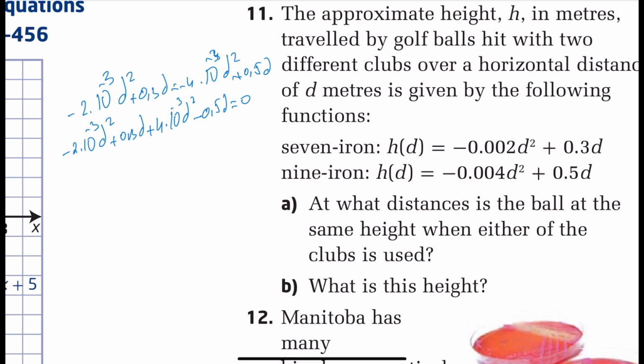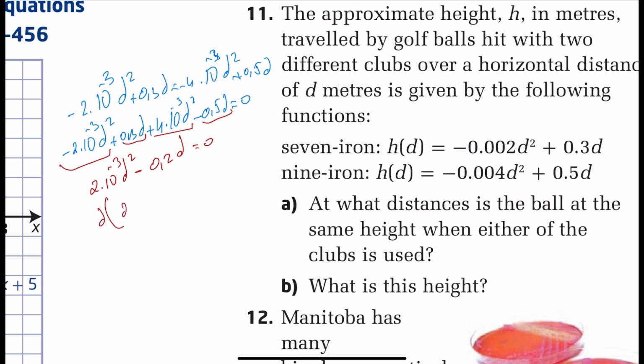So I have minus 2 plus 4, same thing. It will give me 2 times 10 to the power of minus 3 d square. Okay, and I have 0.3d minus 0.5d. It will give me minus 0.2d, which equals 0. I will just factorize by d.